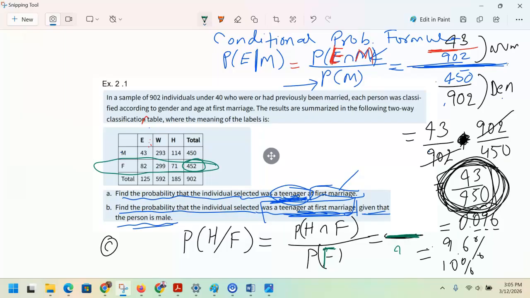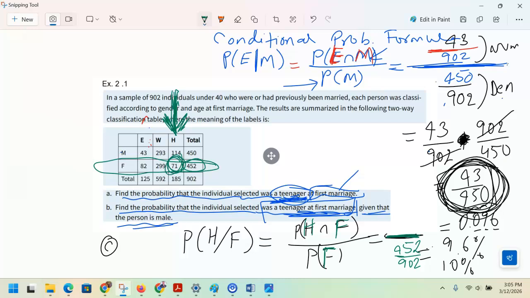452. That means there are 452 divided by 902, and the top part will be both female as well as married in late 30s. That means you have to go for this column here. This column, you can see this is the number, 71.